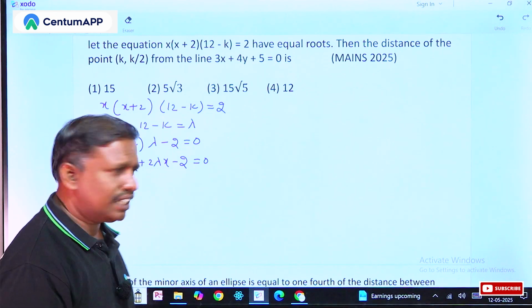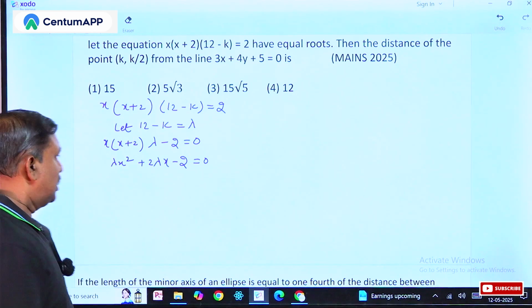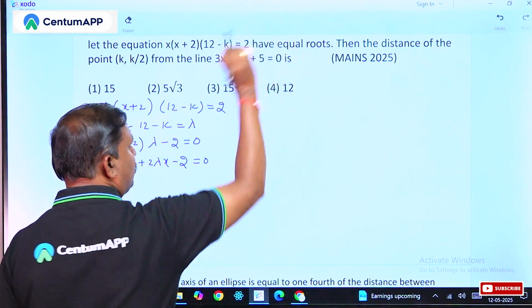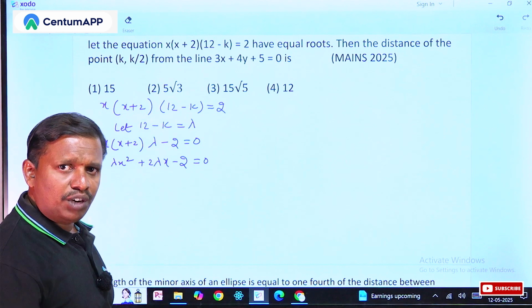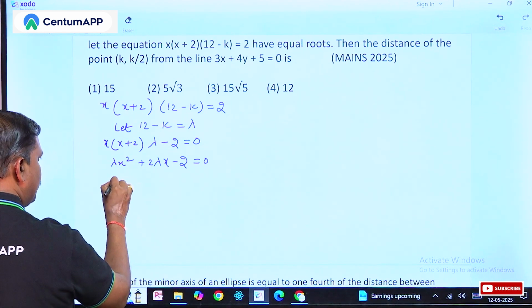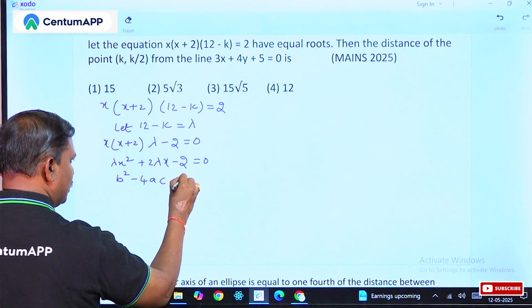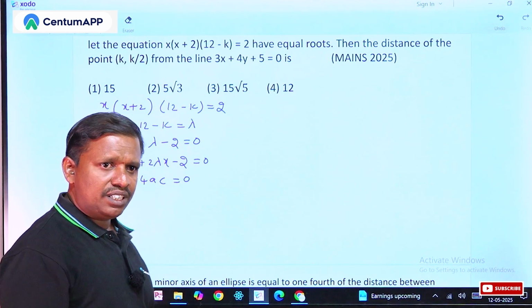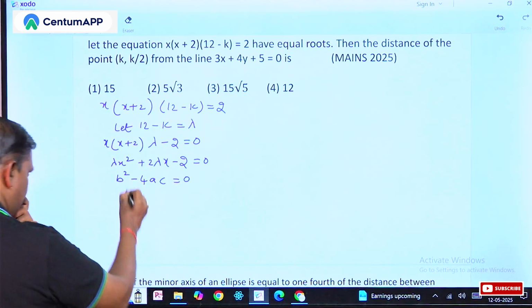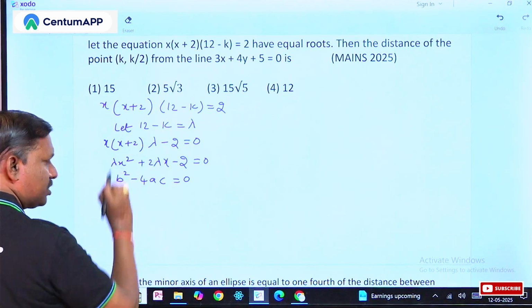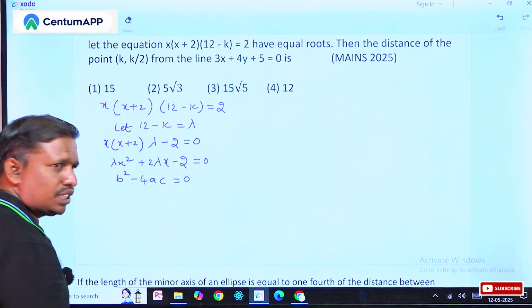Now it is a quadratic equation. This equation only has equal roots. Equal roots formula is b square minus 4ac equal to 0. Here a value is lambda, b value is 2 lambda, c value is minus 2.